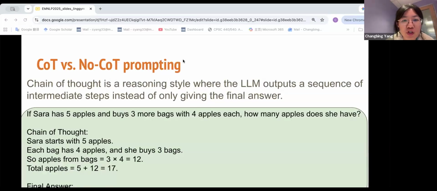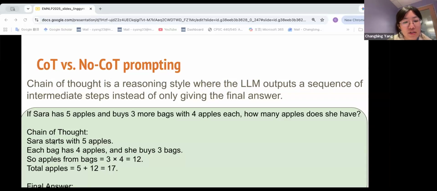And we also checked whether using chain of thought can improve the performance. So chain of thought, if you don't have a background on what it is, usually lets the model reason step by step, instead of giving out a result immediately.